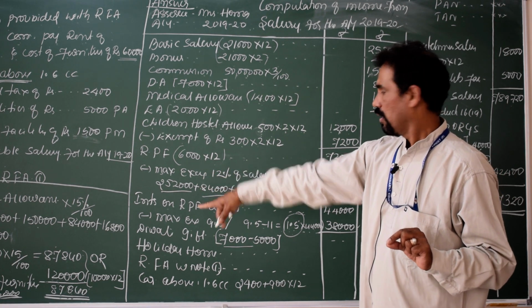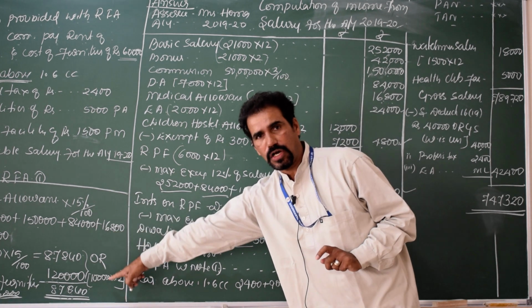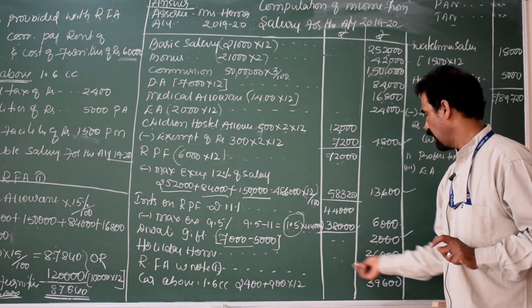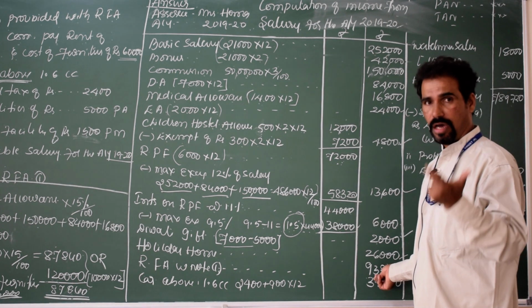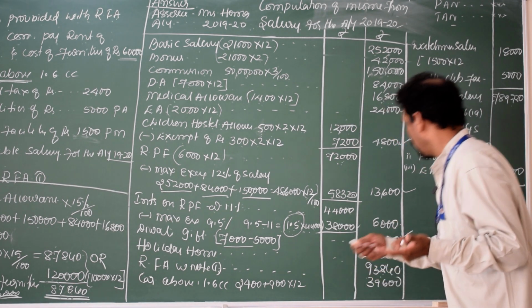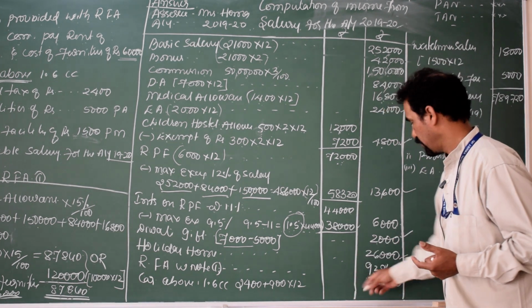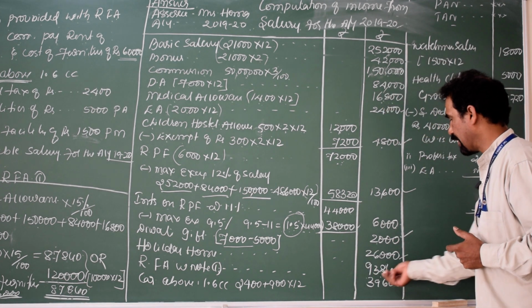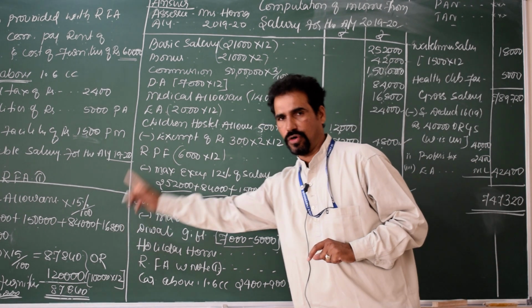So total amount, basic plus DA plus allowances into 15%, and 6,000 cost of furniture. Cost of furniture or rented amount or lease amount should be considered. So I am taking the RFA as 93,840, already added in working note number 1 also.